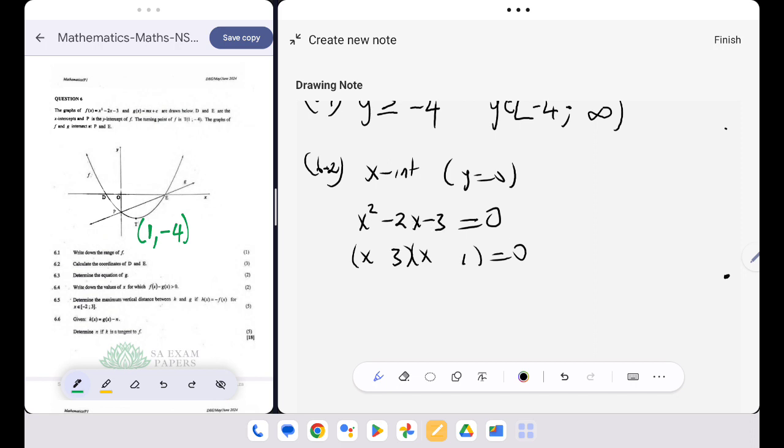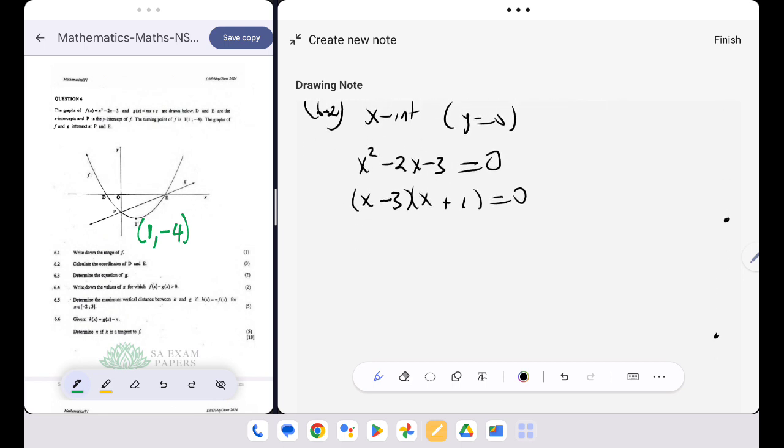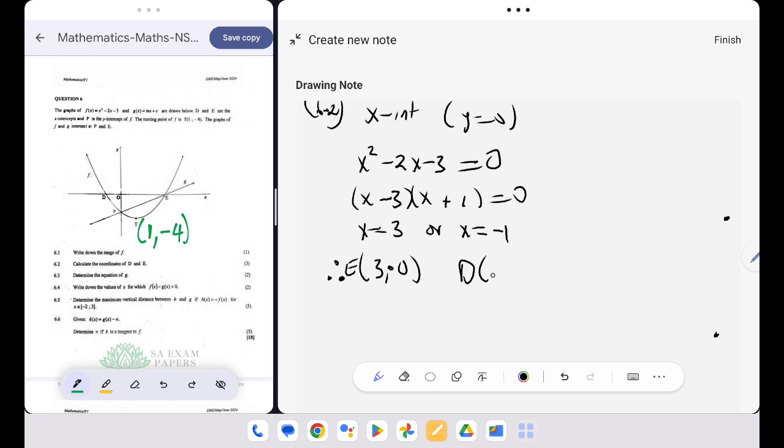Those are 3 and 1. Minus and plus. The bigger factor will take the sign of the middle term. So I'll have x is equal to 3 or x is equal to -1. So since E is on the right hand side of the y-axis, it means E has the coordinates of 3 and 0, and therefore D will have -1 and 0.